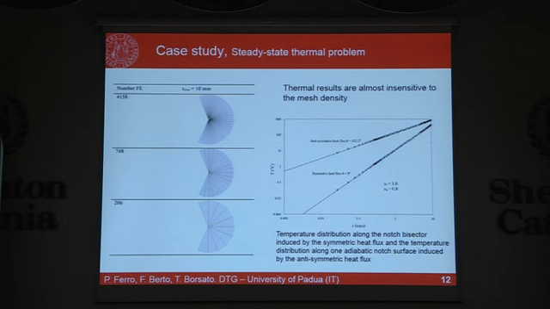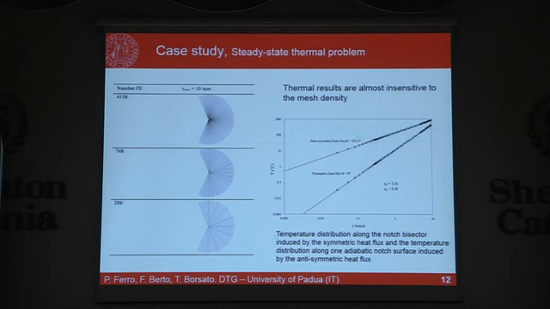This slide summarizes the results obtained after the thermal simulation. This plot is the temperature distribution along the notch bisector, and we can observe first that the solution is in agreement with the analytical values.